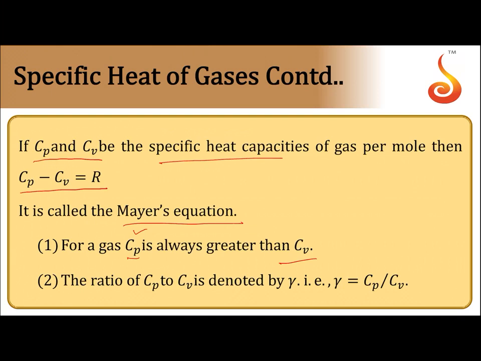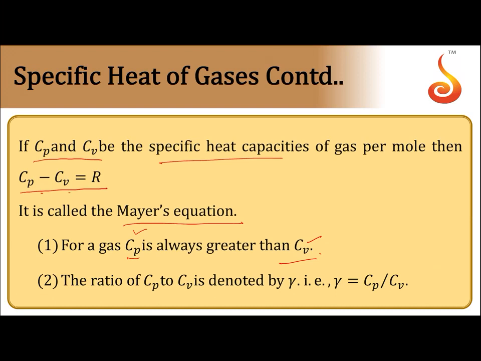But in case of constant pressure, you are supplying heat which is utilized for raising temperature also, and the system will perform work also in order to maintain constant pressure. But at constant volume, all the heat that you supply is utilized for raising temperature only, there is no work done. So Cp is always greater than Cv.